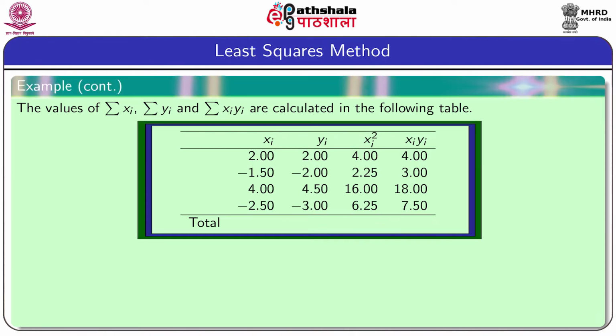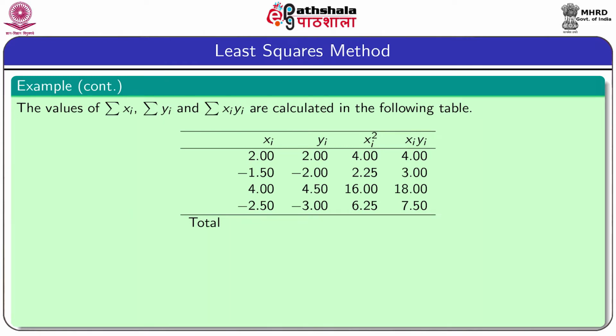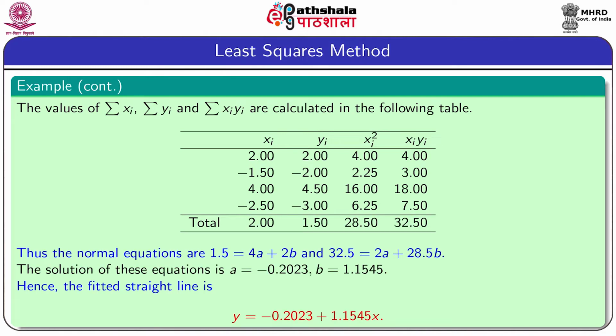The first column represents the value of xi, the second one represents the value of yi, the third column represents the value of xi square, and the fourth column represents the values of xi into yi. And sum of xi is 2, sum of yi is 1.5, sum of xi square equal to 28.50, and sum of xi into yi equal to 32.50.